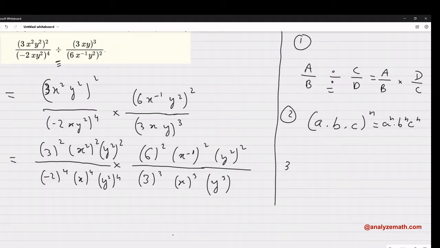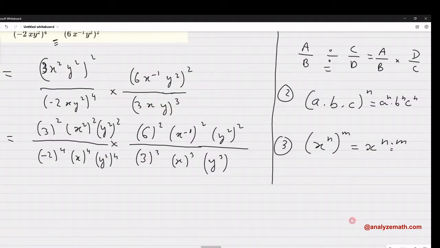Now the next rule I am going to use is: if I have x to the power n, everything to the power m, that gives me x to the power n multiplied by m. So let's go to our expression and start applying it and simplifying. 3 power 2 is 3 times 3, that gives me 9.